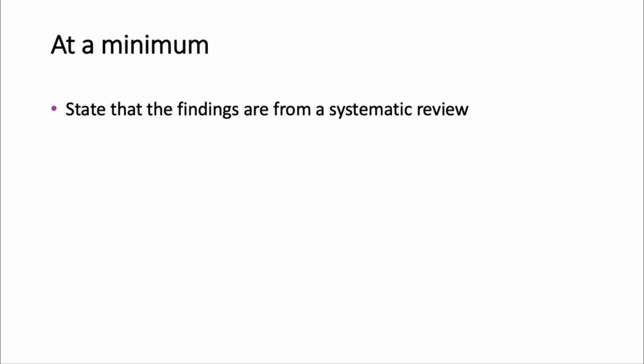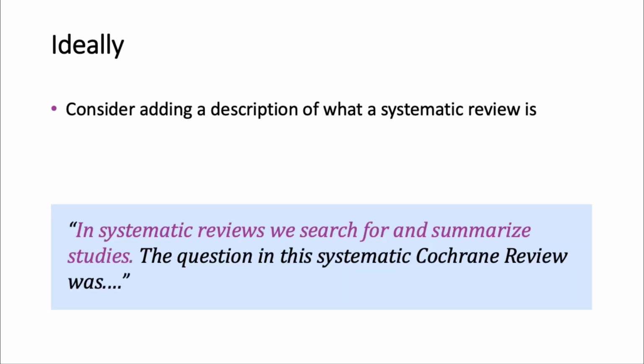There are some basic things you can always try to do that can help people who are unfamiliar with the concept of a systematic review. First, remember to state that the findings are from a systematic review. If you have space, you could include a short description of what that means, like in this example.